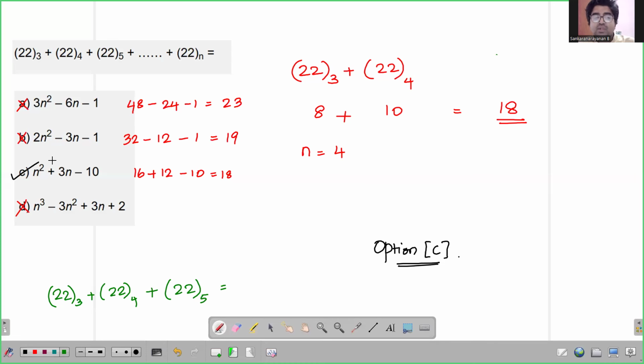When you put n equal to 5 in this, you can see that the decimal equivalent you got here will tally with the value you are finding here. And for any n you put, it will work. So this strategy is what you can adopt for solving these types of questions. I hope this explanation is clear to you all.